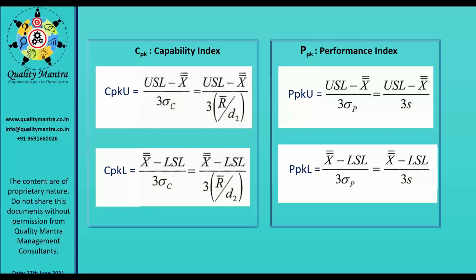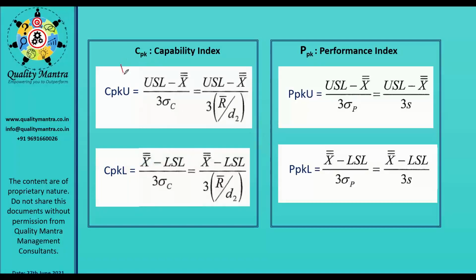Now look at the formula here, the CPK and the PPK. Now you need to calculate it. If you look at the formula, last time you didn't have upper and lower. Now you have CPKU and CPKL and PPKU and PPKL. Now you tell me what difference you are observing with respect to the CP and PP formula.